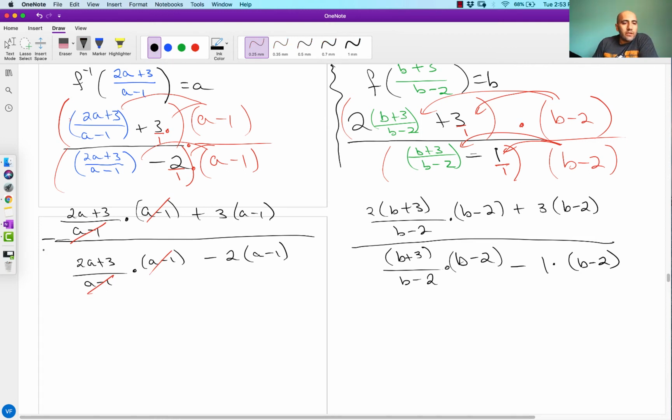So over here I'll end up with 2a plus 3, that's the result of this, plus 3 copies of a minus 1, divided by 2a plus 3 minus 2 copies of a minus 1. So that's the result on that side.